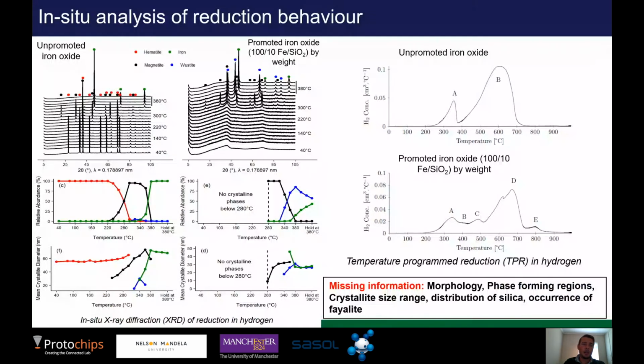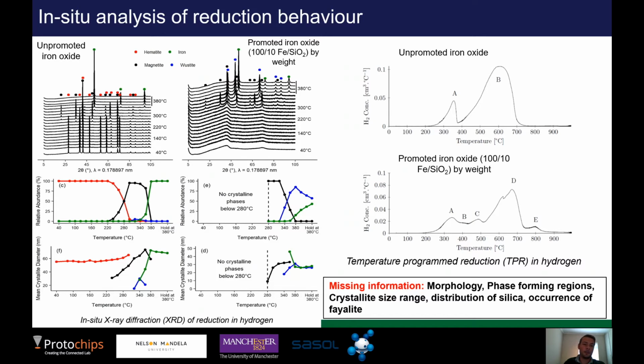The first port of call when analyzing a catalyst is typically some kind of bulk characterization technique to look at how this material reduces. Here on the right-hand side, you can see examples of temperature programmed reduction studies done on this catalyst system, and on the left-hand side, the results of an in-situ XRD analysis of the reduction behavior in hydrogen.